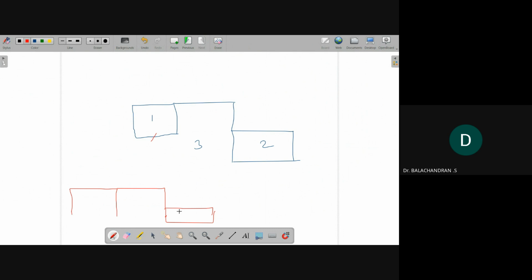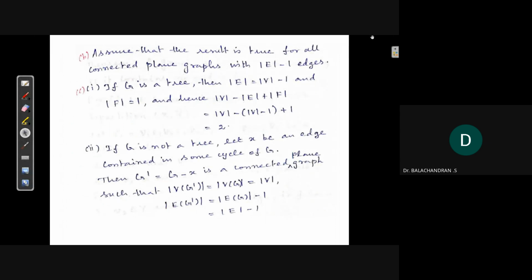So now the total number of faces is 1, and the remaining is the infinite face. So if I remove one edge from the cycle, the number of faces is reduced by 1. So using this observation, I'll start again.